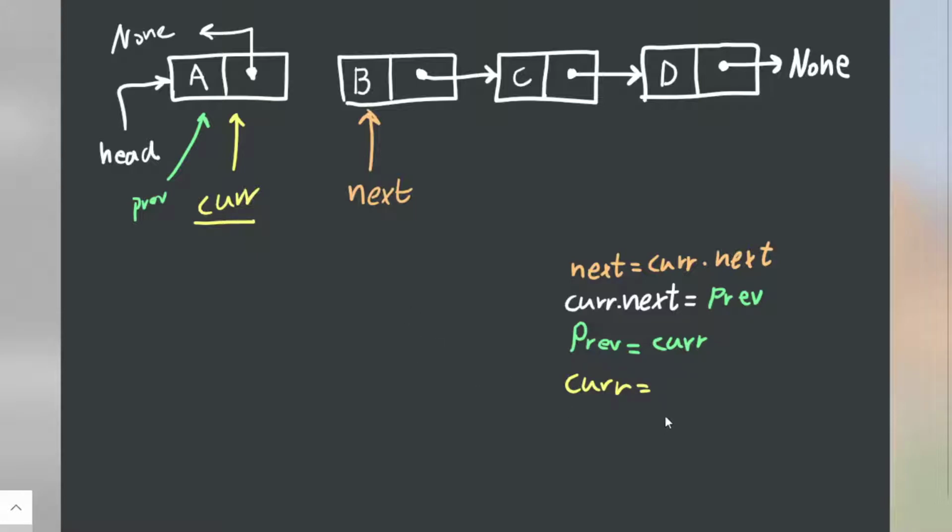You have to be careful here, because we can't say curr equals curr.next, which is something we normally do and we're used to when working with linked lists. However, in this case, we've already updated that value and it's no longer pointing to the next node. But we did take a backup of it, luckily, over here. So we can say current equals next, and that would make it look like that.